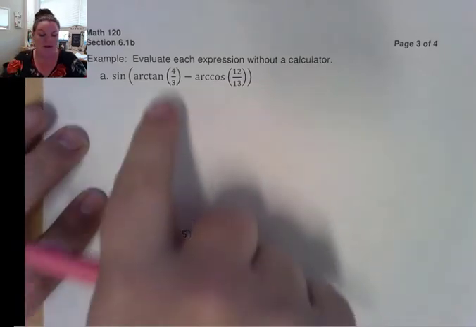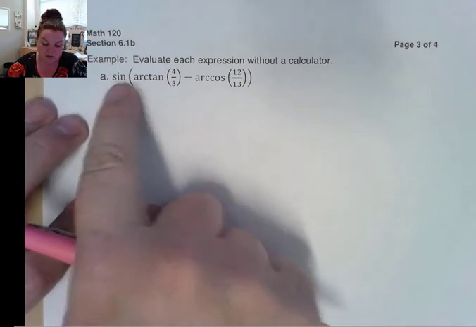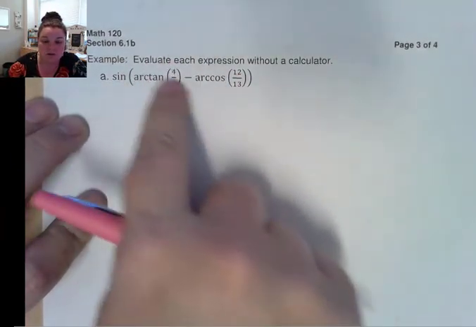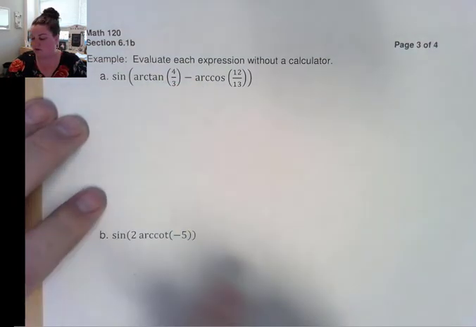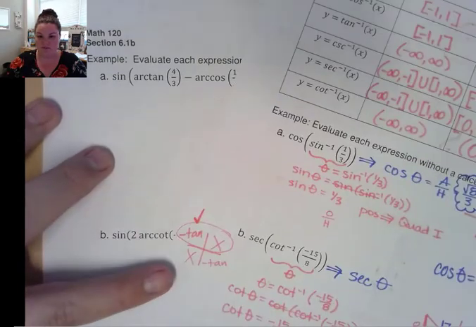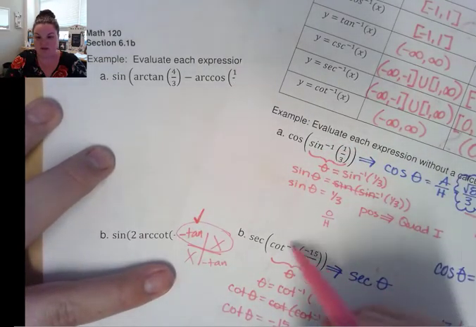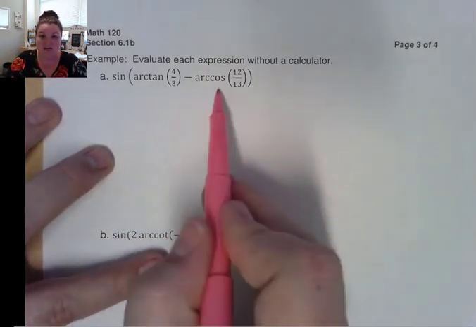Okay, so what this is saying is that we want to find the sine value of this angle, right? And the way that we find this angle is we figure out what these pieces tell us. Now, unlike the other ones we did from the other page, notice we just had one thing on the inside. But on this one, we have 2 things, right?